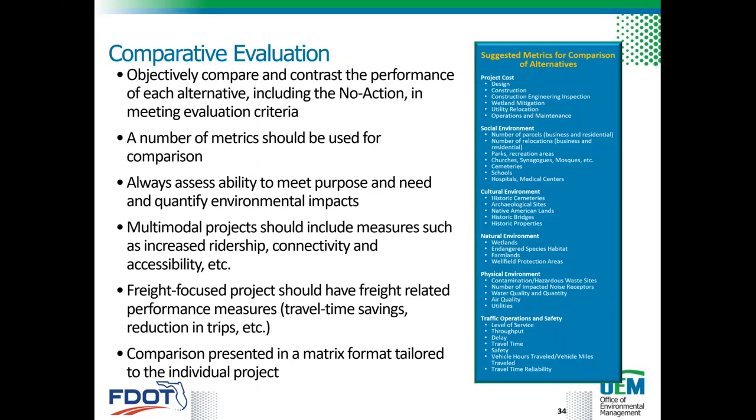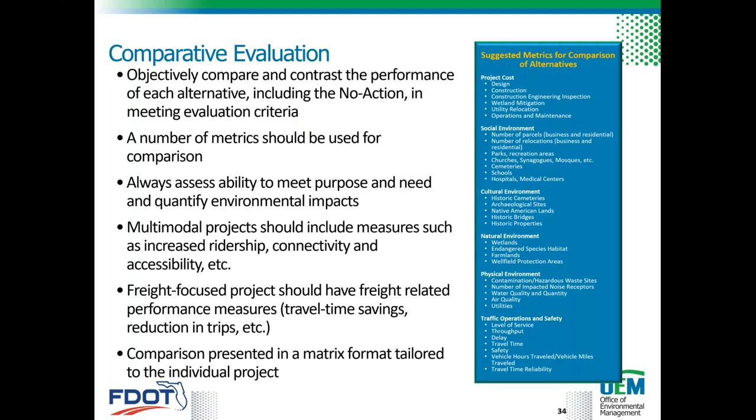So the project manager must carefully provide a balance between the environmental impacts, the engineering analysis, and the project cost, along with public input when selecting preferred alternatives. An analysis requires a comparative evaluation to objectively assess project alternatives at the same level of detail in matrix format.